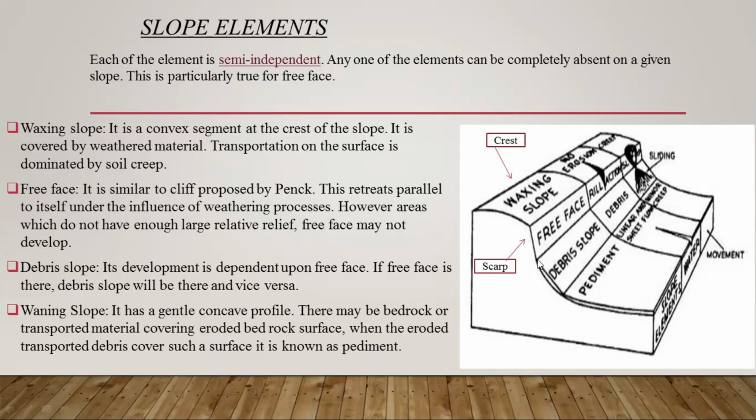This is not a depositional feature, but an erosive feature. Here, there may be bedrock, and all these materials, along with materials of the bedrock, are transported downhill. So, along with the waxing slope, free face, debris slope, and the bedrock material over here, they are eroded and transported further downhill.